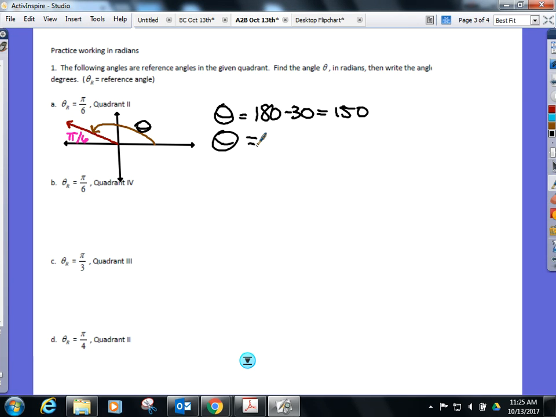So guess what I'm going to multiply pi over 6 by? 5. What's it become? 5 pi over 6. There we go. So again, I had a reference angle of 30, went to 150, I multiplied by 5, so that's what I multiply my radians by. All right.